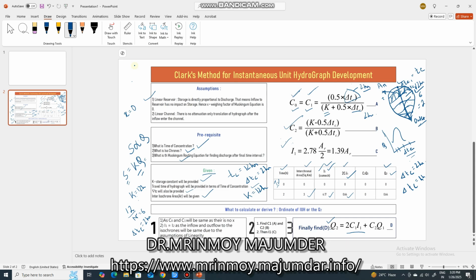Now remember that we have an assumption that this is a linear channel, and also you know that for every delta T there is an isochronal area. Let me draw a clearer picture.